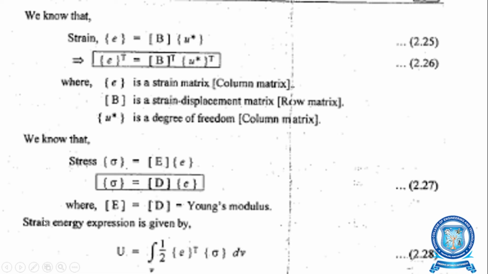The strain energy expression is given by U is equal to integral of 1 by 2 into e transpose into sigma into dV. Substituting e transpose and sigma, U is equal to integral of 1 by 2 into B transpose and U star transpose into D matrix into strain vector into dV.